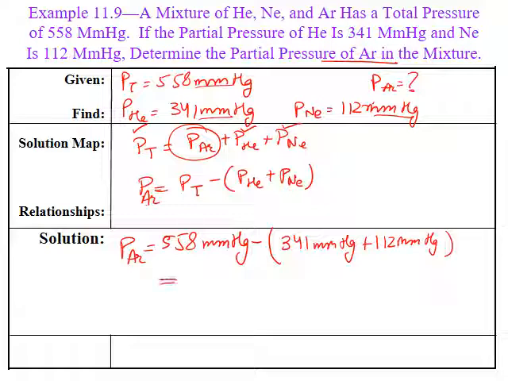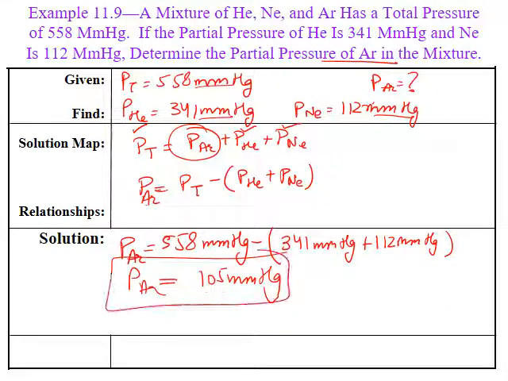If you plug these values into the calculator, it would give you 105 mm of Hg. Again, 3 sig figs in our final answer is what we are looking for. So this is the final pressure, the partial pressure which is exerted by argon gas.